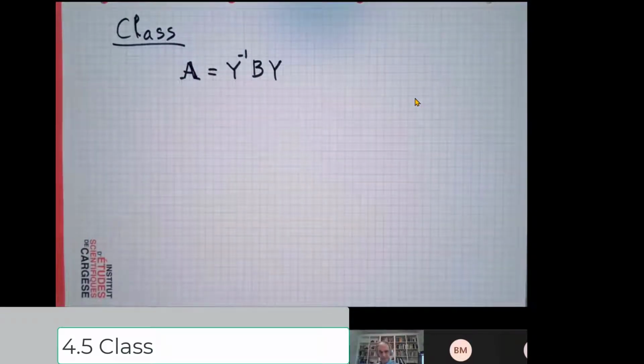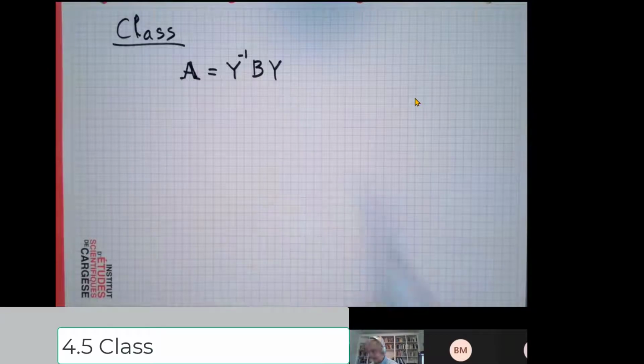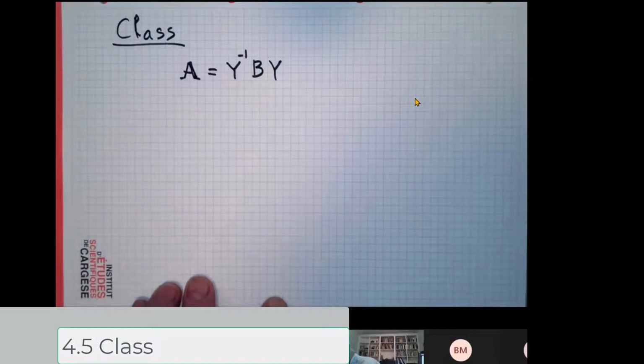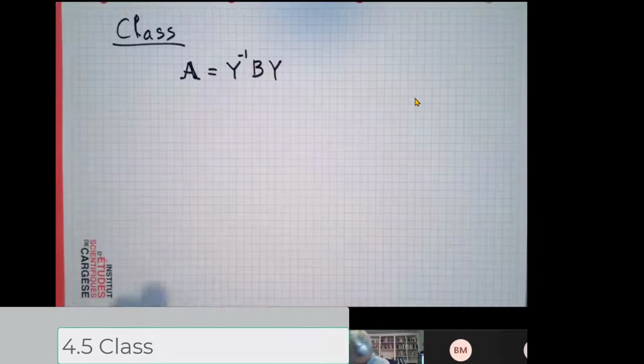So for example, if B is a flip for a triangle and Y is rotation by 1/3, then this formula says, change your coordinates by rotating by 1/3, apply flip reflection element B, and then rotate back. And there is no reason why you should get the same operation when you do this for non-abelian groups. But what you'll get is something that flips around different axes.